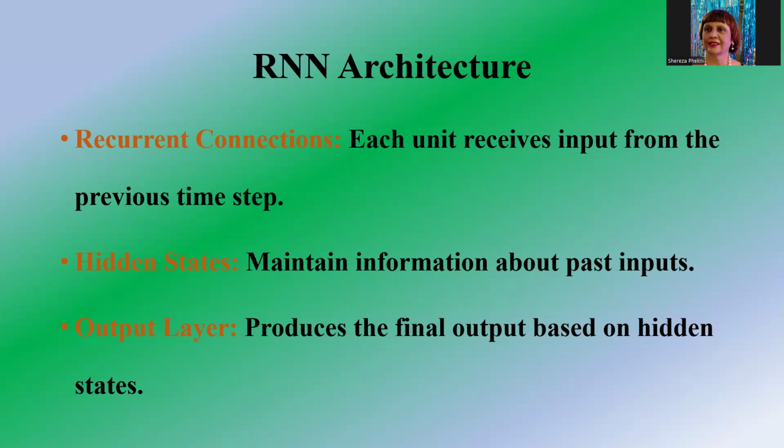The architecture of a recurrent neural network is designed to mimic certain aspects of biological neural networks, particularly the way the brain processes sequences of information. In an RNN, each neuron in the hidden layer has connections not only to the next layer, but also back to itself.